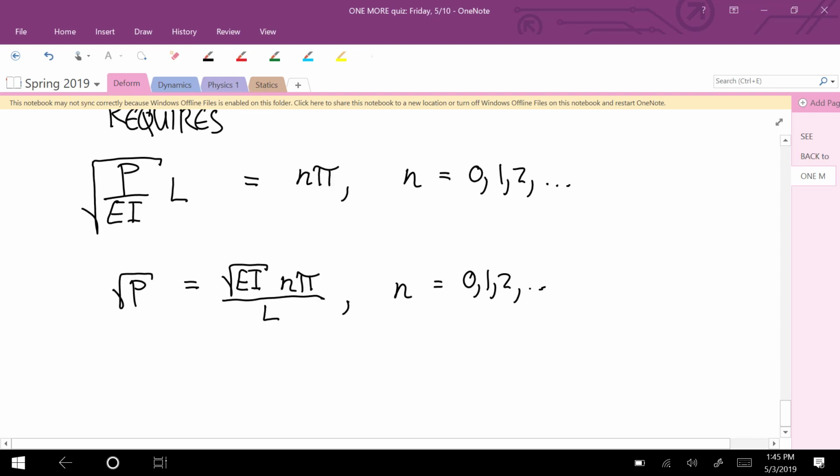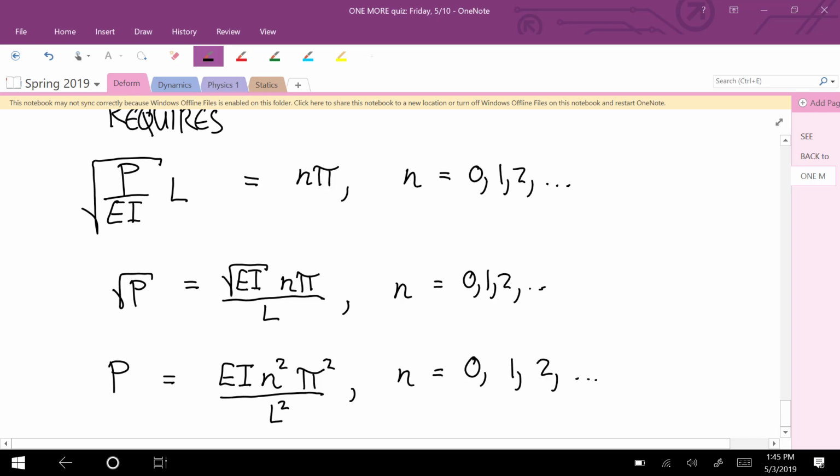And then take the square of both sides, and P is equal to EI times N squared pi squared over L squared for N equals 0, 1, 2, and so on.